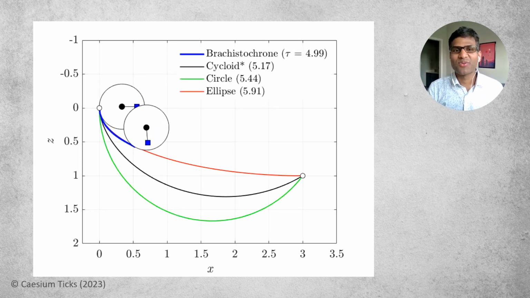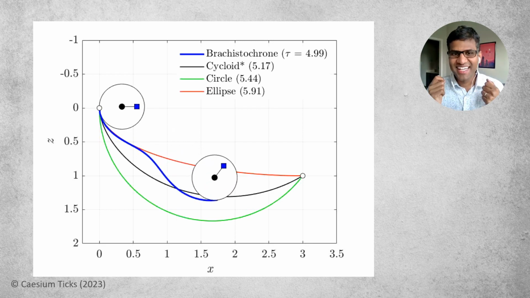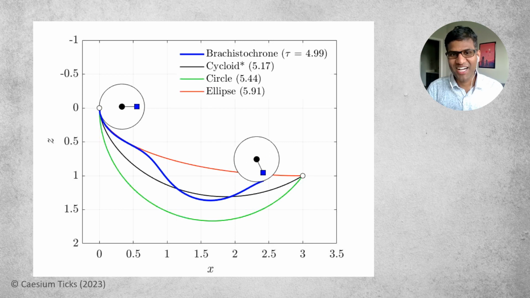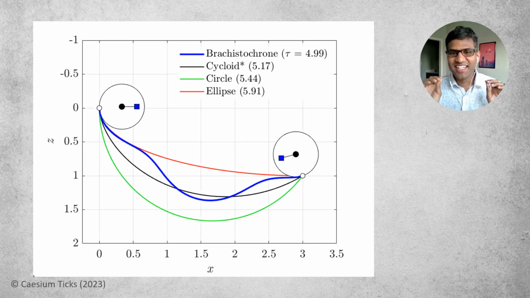But if we actually want to see what is the brachistochrone of off-centered cylinders, it's rolling in front of our eyes right now. Because it's off-centered, it takes this nice, interesting bump or dip along the way, and then reaches its destination, and it is actually reaching it in just under 5 time units. So it can actually be quicker than your uniform cylinder based on the path it is taking.